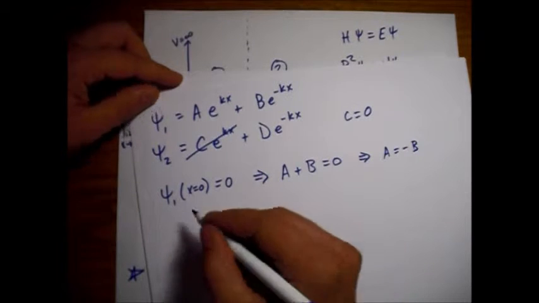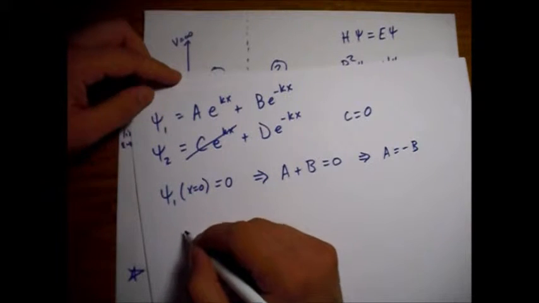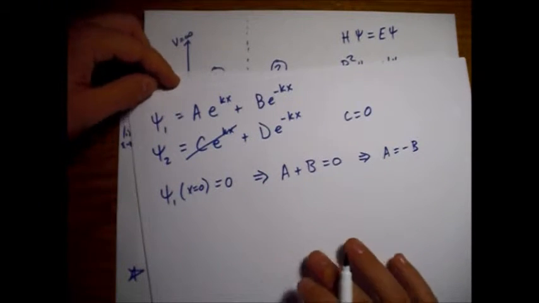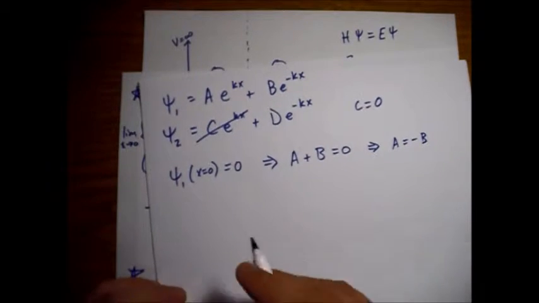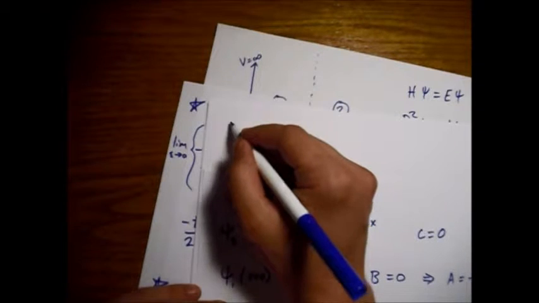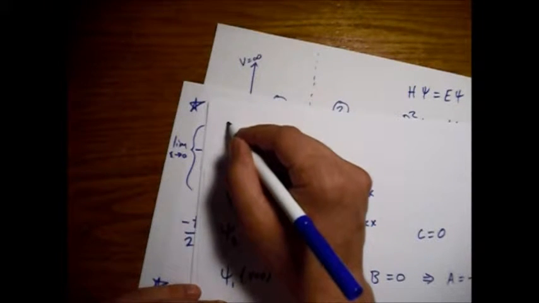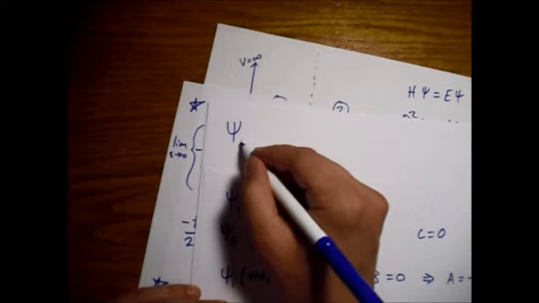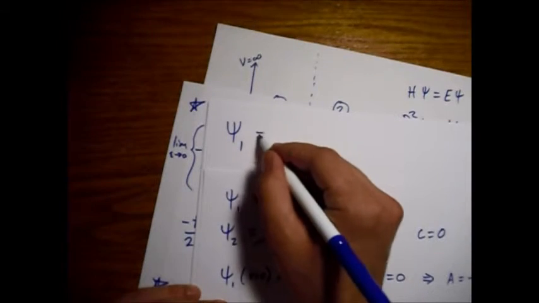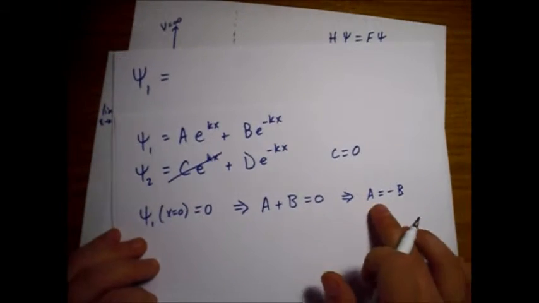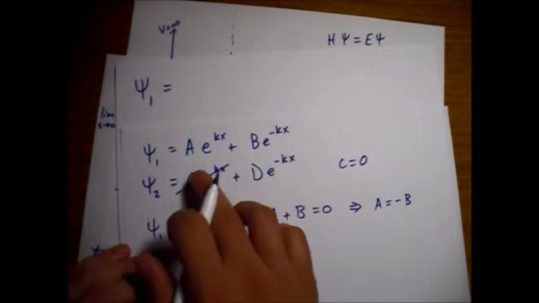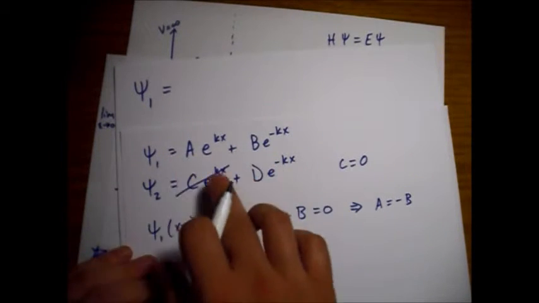So we can rewrite our equation for psi 1 on a new sheet. Once we know this, we just put a minus sign in here and factor out the a.